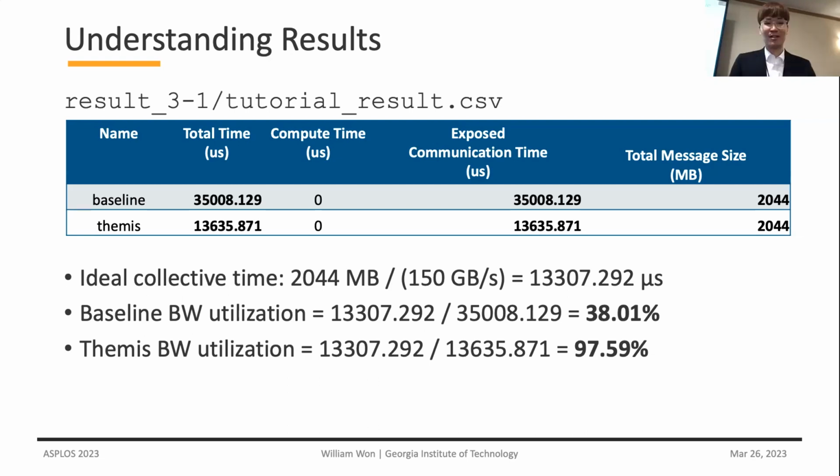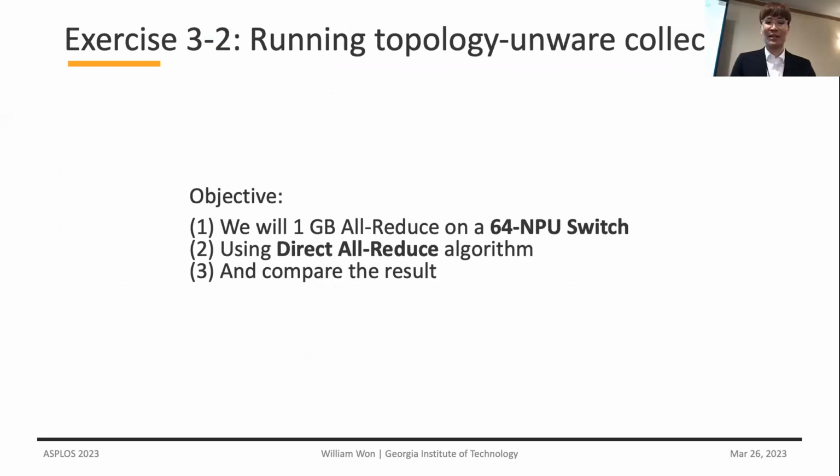And this is the final exercise, to run congestion-aware and see where backends other than analytical can help. So we will make a 1D 64 NPU switch and run a 1 GB all-reduce, but using the direct all-reduce algorithm. This will create huge network congestion on the switch link, so the analytical won't report truly correct numbers.